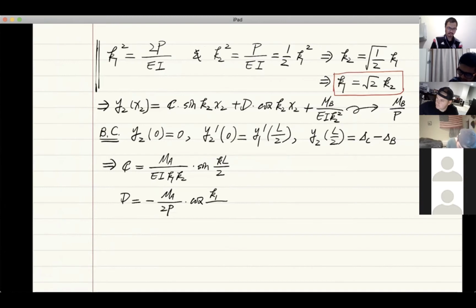K1. Actually, this should be careful here. This is K1 for the C because it uses the continuity condition. Careful.